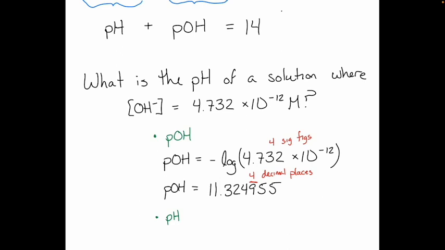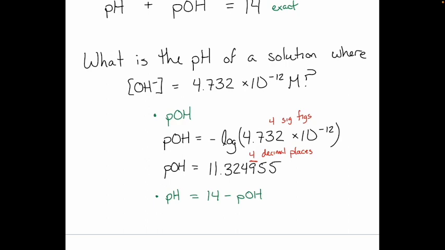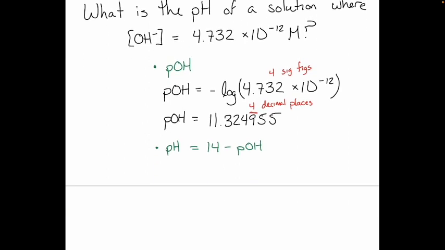Subtract that pOH from both sides, right? This is an addition problem, so I'm going to do the reverse, which is subtraction. So my pH is going to equal 14 minus my pOH. And just like before, that 14 came from the 10 to the negative 14, so it is exact.